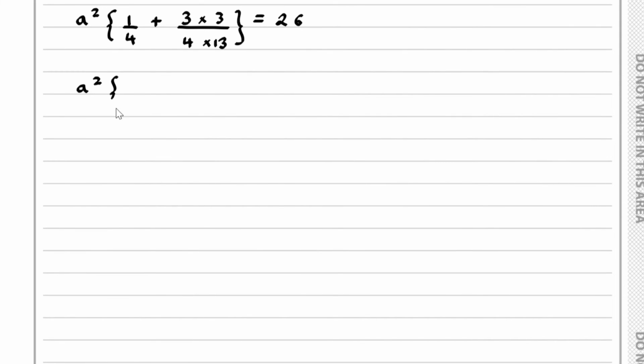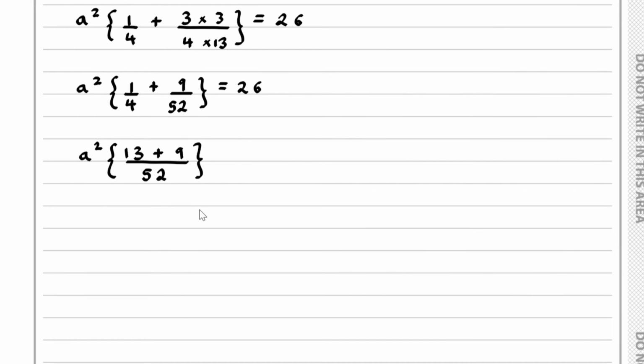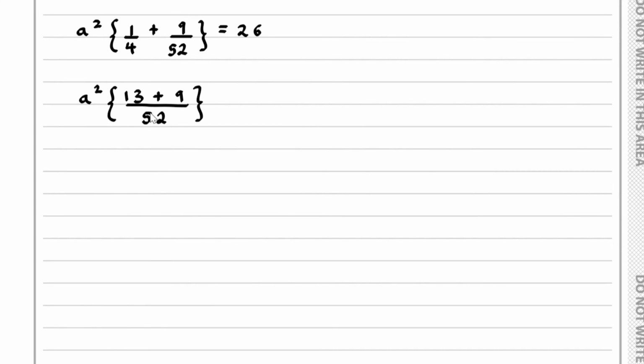So we have a squared multiplied by 1/4 plus 9 over 52 equals 26. Now combining, we've got a squared multiplied by 13 plus 9 over 52. So what we have is 22 over 52, which is 11 over 26.